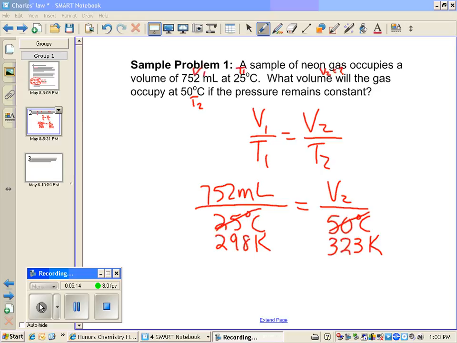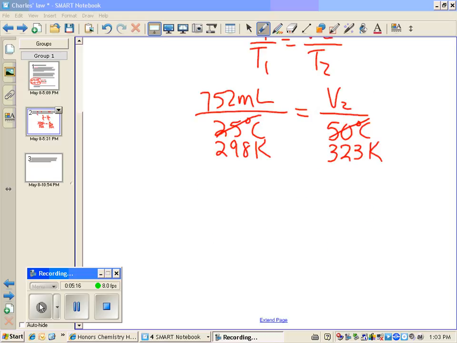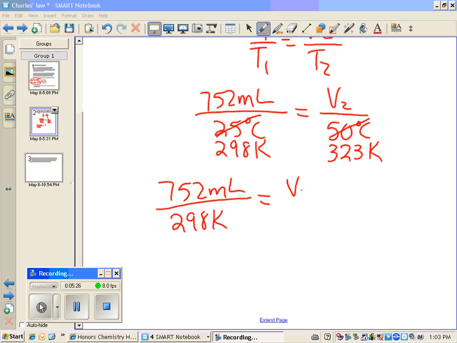So now I'm going to extend this page a little bit, so you can see, I'm going to rewrite that so you can see it clearly. That means 752 milliliters divided by 298 Kelvin equals volume 2, which is what I don't know, over 323 Kelvin. If I'm solving for V2 in algebra, what am I going to do with this 323?